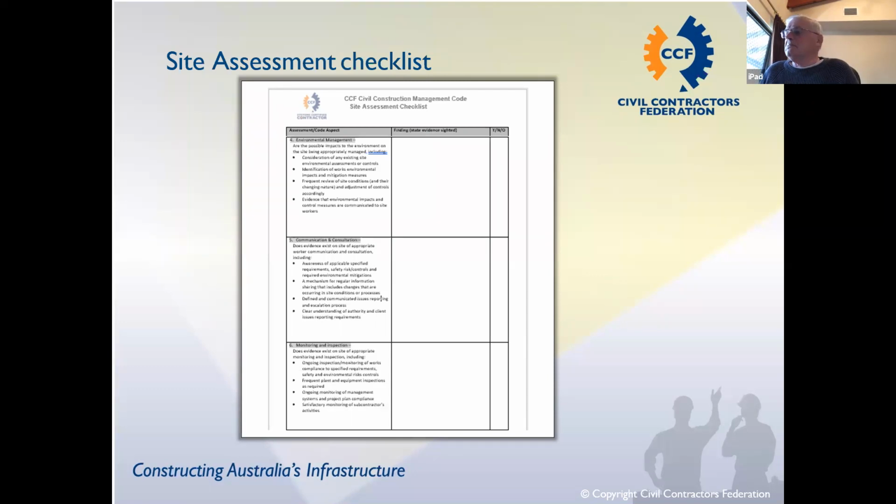Oh, well, I do it. It's just standard. Why can't you have a diary which says morning inspection, tick, end of day inspection, tick? You don't have to write any words. Just provide evidence that you've actually done those in relation to those sort of areas I just spoke about. So inspection and monitoring of works, compliance to specified requirements, safety, environmental risk controls in place, frequent plant equipment inspections as required.